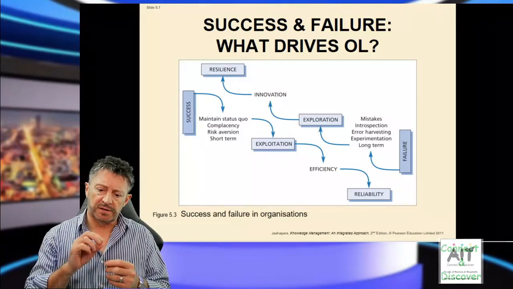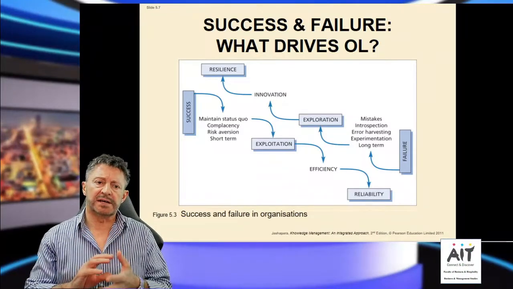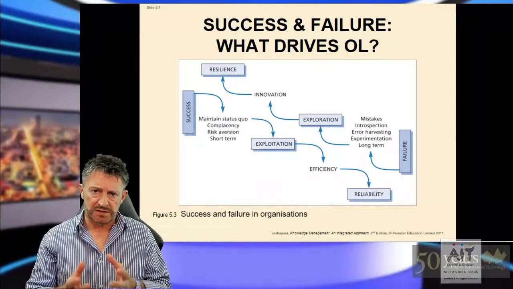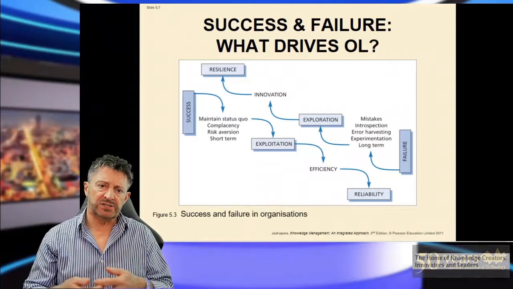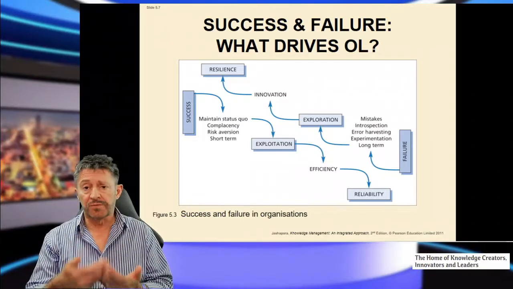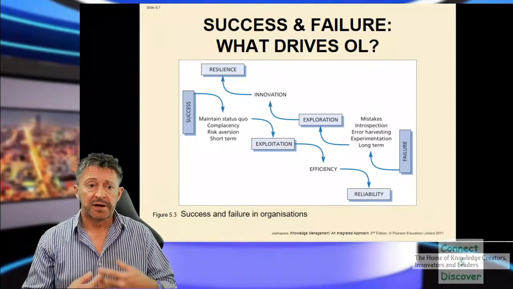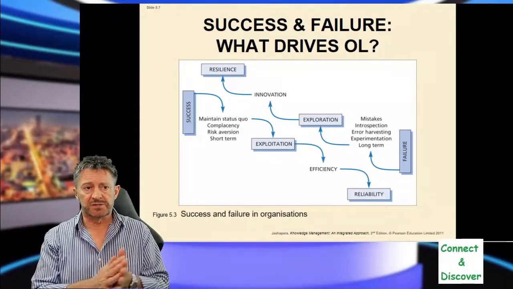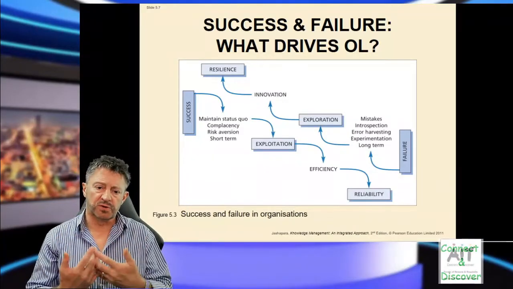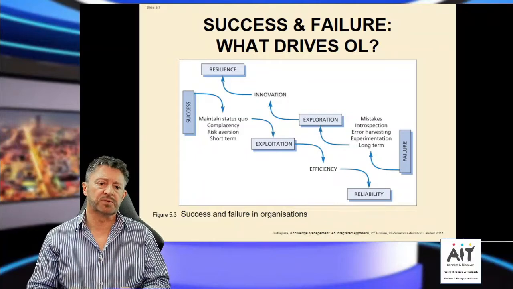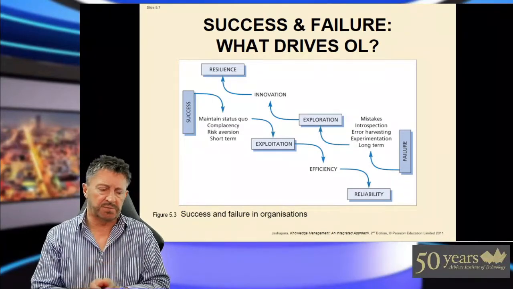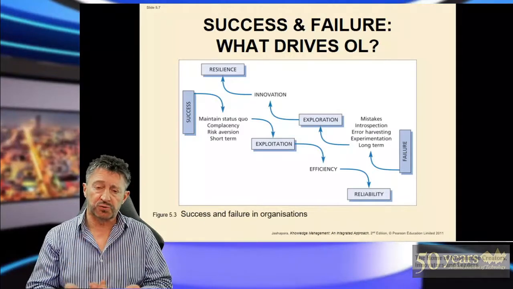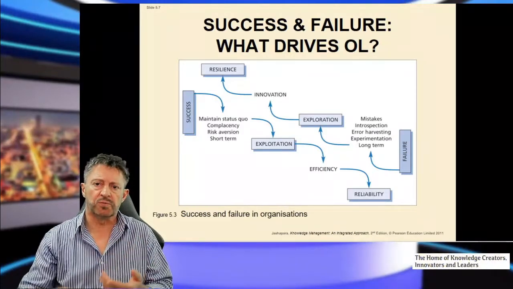The importance is that we get a deeper insight as to what went wrong and how we can avoid or change future situations to avoid something like that happening again. And of course, then when we have the other side of the coin, success comes from reliability. We know that these proven methods and processes work and they're efficient, and we can exploit them, we can make them better, we can improve, and that comes through experience. We get better at doing what we're already doing.